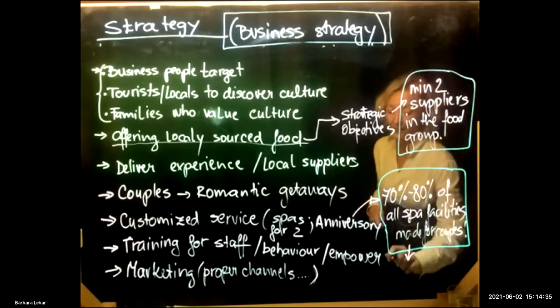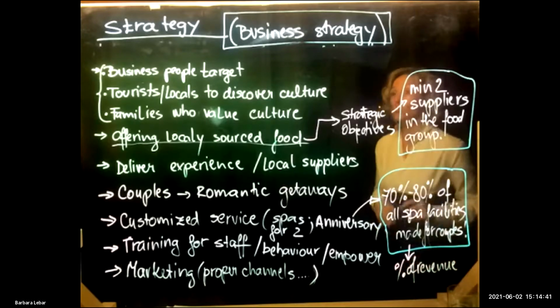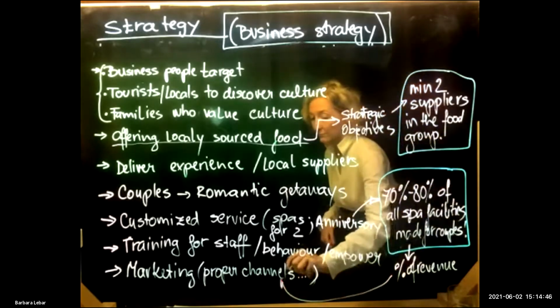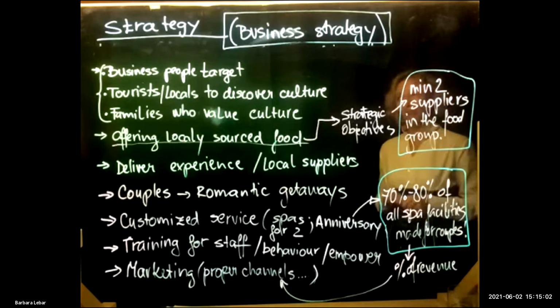So percentage of the revenue. It's also a possible target, because this is going to impact your marketing strategy, what you are going to market, what is going to be on the websites, what you are going to share with the people. And those concrete strategic business objectives with the KPIs, so with the numbers, are of key importance.